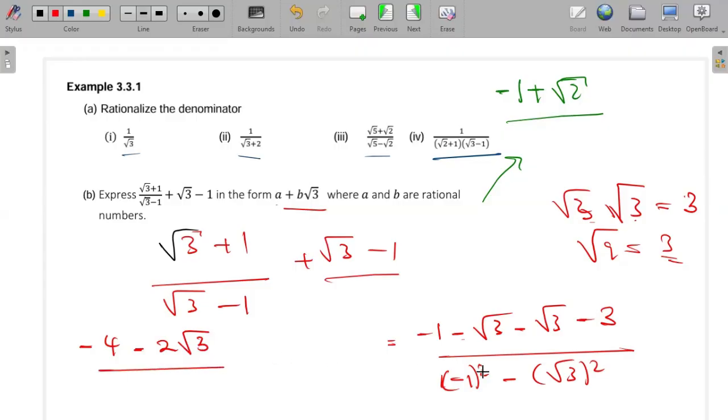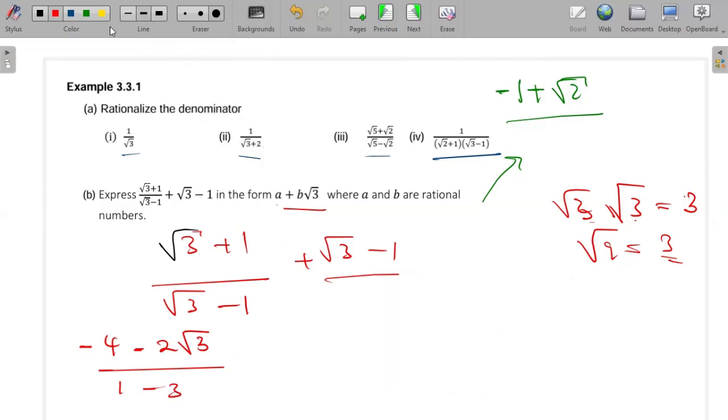Then divided by 1 minus 3. Next you have negative 4 minus 2 root 3 over, down there, subtract, you get negative 2. This negative 2 you can divide into there and into there. So you have a 2 there, then plus root 3, positive 3 like that.